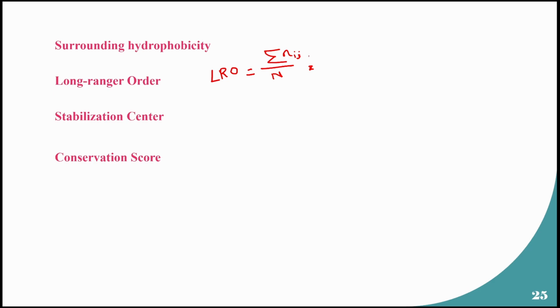Okay, so this is your formula of summation of Nij divided by the number of atoms or residues, right?